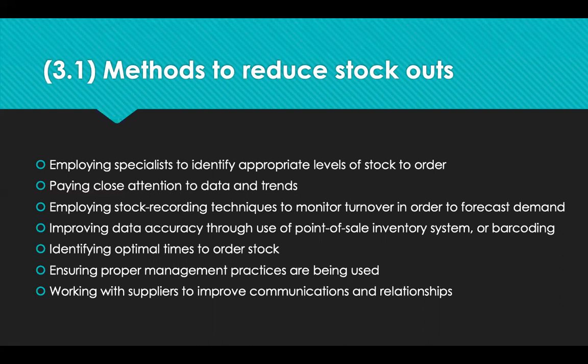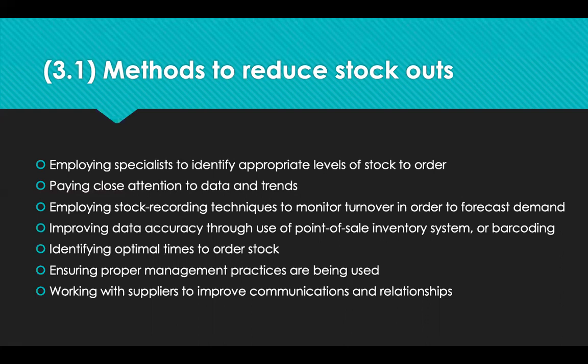The methods to reduce the stockouts include employing specialists to identify appropriate levels of stock to order, paying close attention to data and trends, and employing the most up-to-date stock recording techniques to monitor turnover in order to forecast demand.